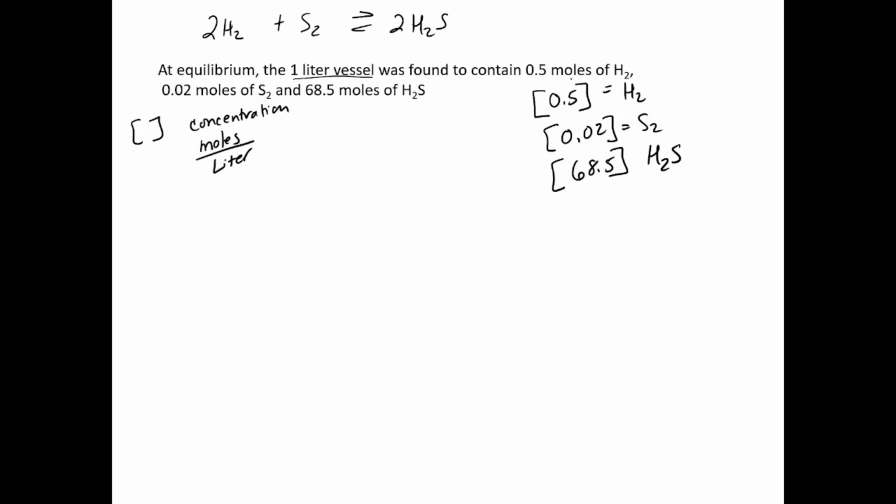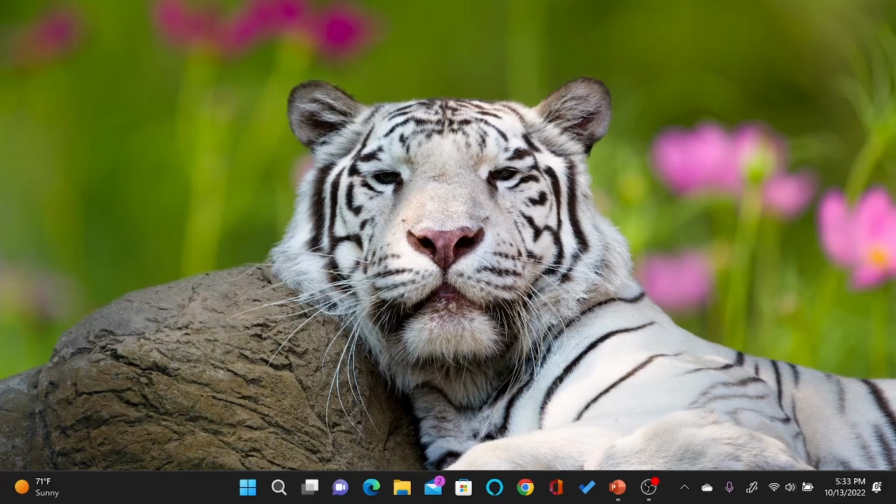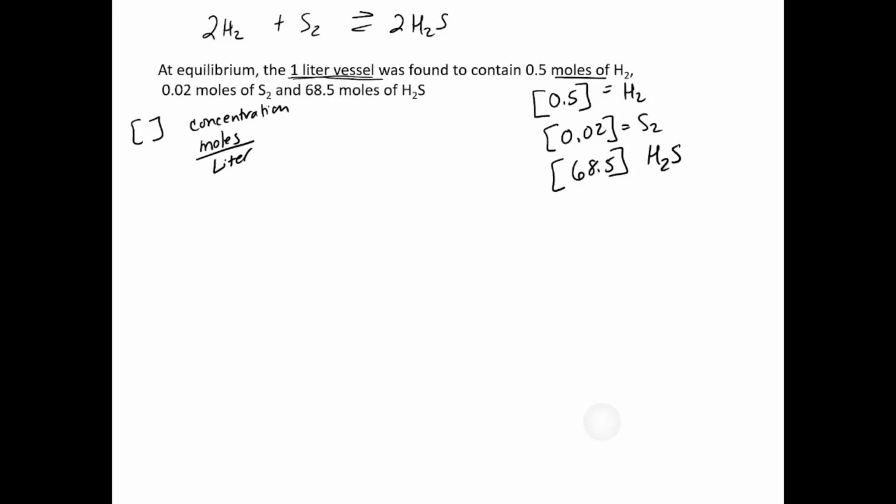So the fact that they're giving us moles, but they're telling us that this is in a 1 liter vessel, we know that we can take those moles and say, well, the concentration of those moles is 0.5 moles per liter because it is a 1 liter vessel.